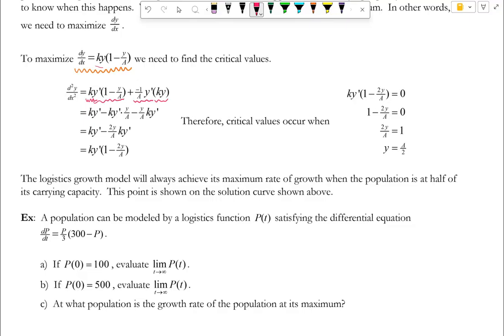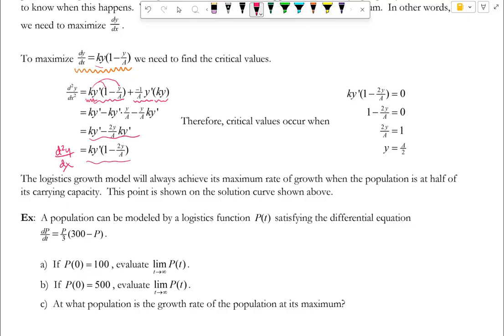So if I just follow through this example, we can distribute ky prime to those first two terms. Well, there's nothing to distribute in our next two terms. We just wrote that a little bit differently. So then we could combine any like terms, and then we could factor out our ky prime. And that is simplified for our second derivative there.